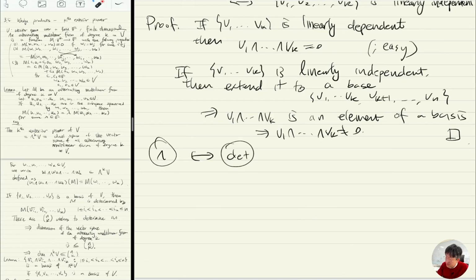Why? Imagine that I'm computing the wedge product of these n vectors, and let's say wi is the sum of wij vj. So this is in the nth exterior power.